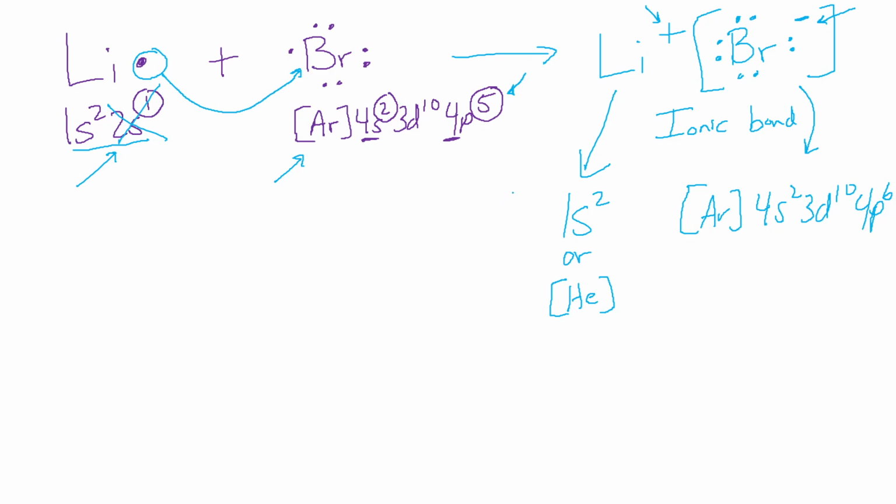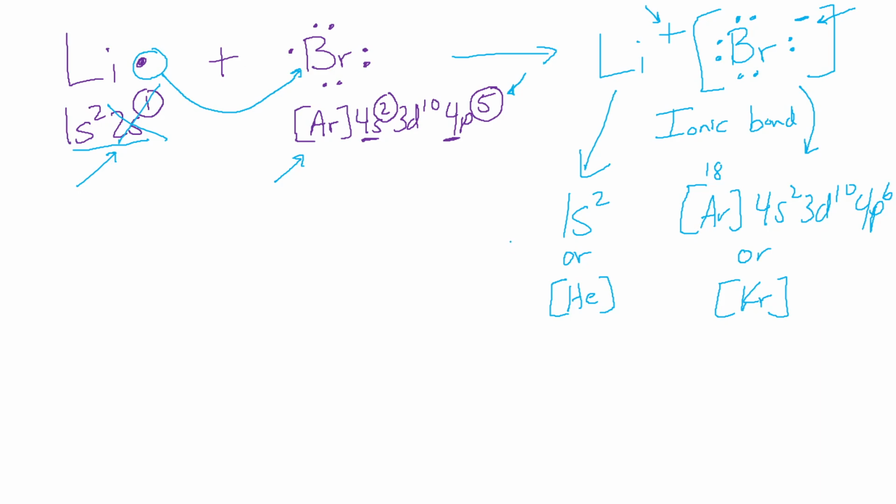That is, if we count it up, 36 electrons. I'll do that math right there. 18 electrons for argon. 2 more makes 20, 30, 36. That is also the same electron configuration as krypton.